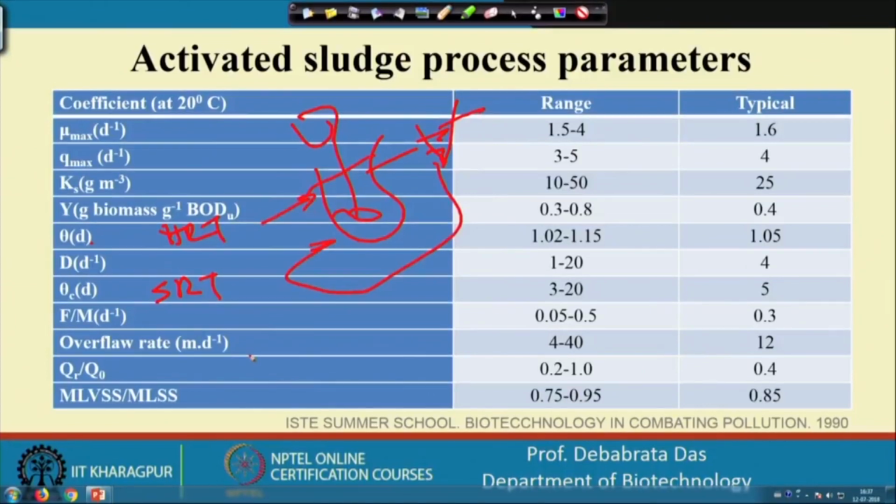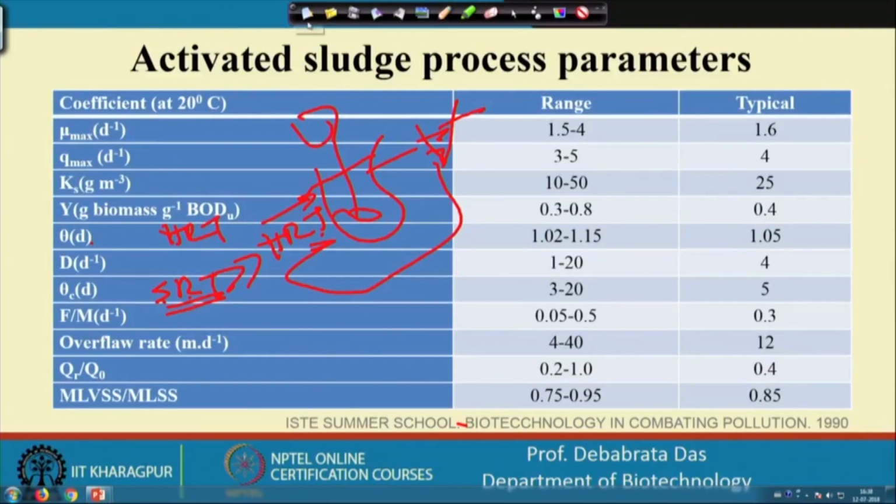So the main purpose is that you want to increase the solid detention time as compared to the hydraulic detention time. In case of a CSTR, if you do not do the recycling, then solid detention time is equal to hydraulic detention time. As soon as you recycle the solid, that means allowing more time for the solid to reside in the reactor.